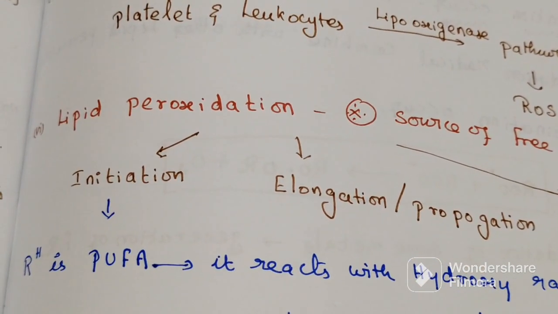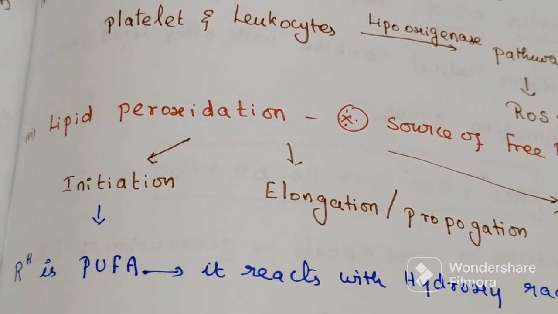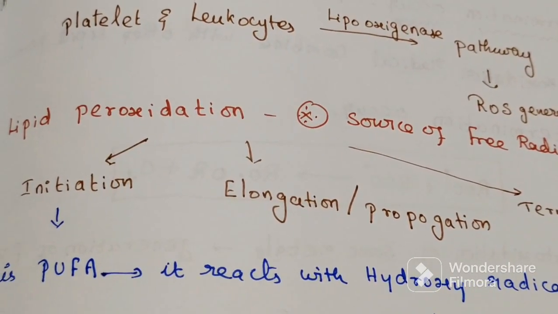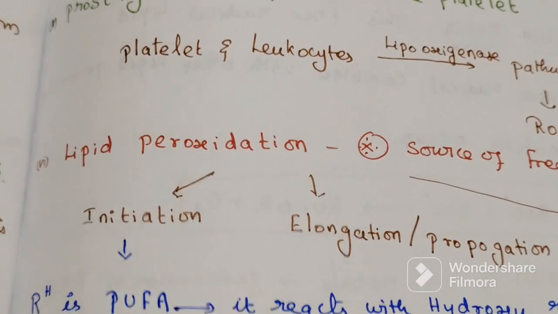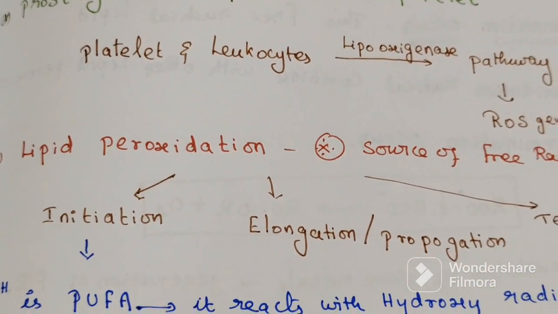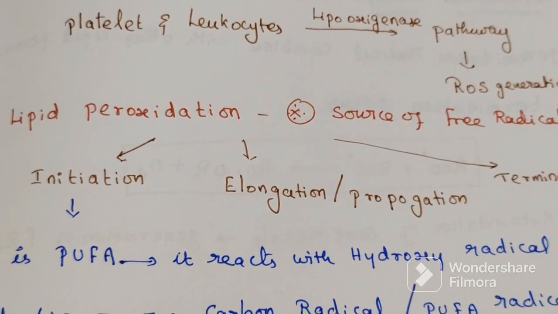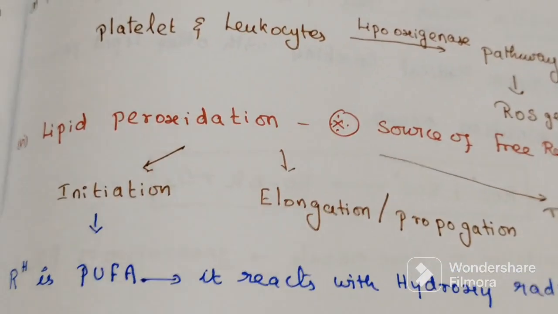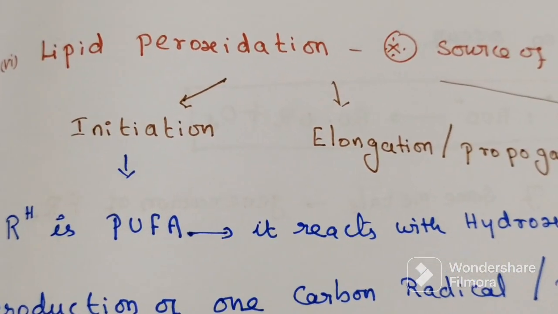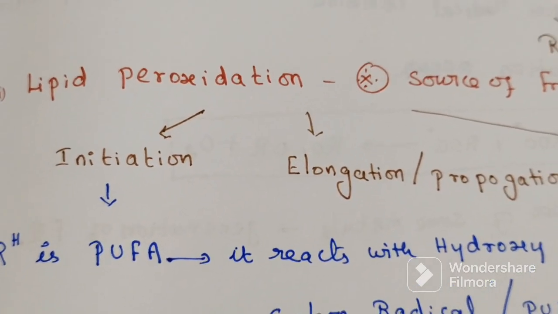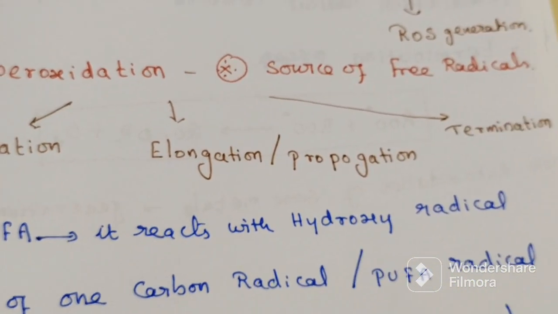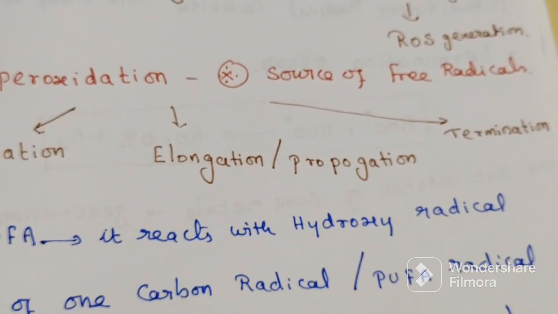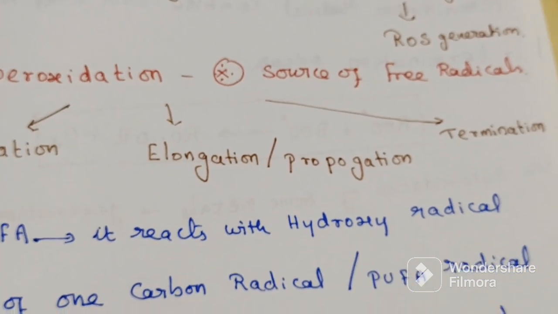Next one is lipid peroxidation. It is an important source of ROS, reactive oxygen species, and an important source of free radicals.